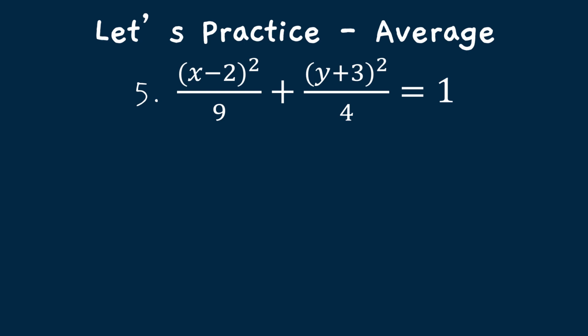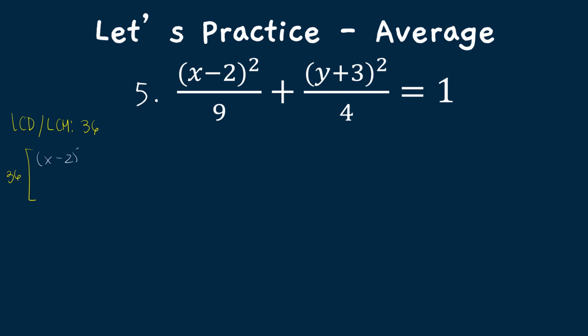But this time, it's 9 and 4 as your denominator, but you have your centers at x minus 2 and y plus 3. So first thing to do is first find your LCD or LCM, and that is 9 and 4. The LCM is 36.